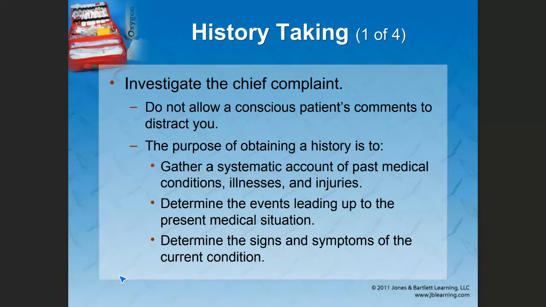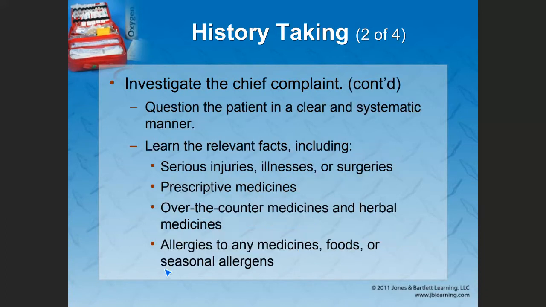The purpose of obtaining a history is to gather a systematic account of past medical conditions, illnesses, and injuries. Determine the events leading up to the present medical situation. Determine the signs and symptoms of the current condition. So question the patient in a clear and systematic manner.